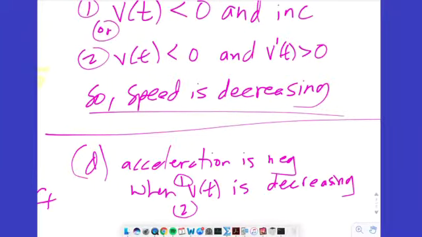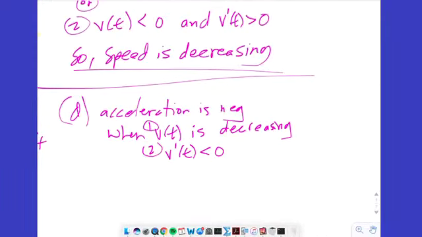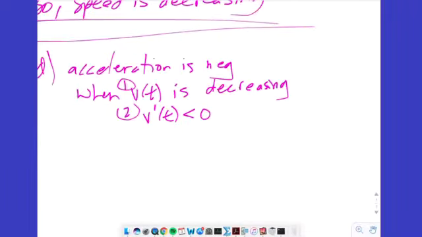You can do it like that, or when v prime of t is less than 0. Either one of those work. Now, we talked about this back when we did particle motion previously. We're kind of justifying it before we answer it, which is fine, because now we're giving ourselves something definitive to look for. Acceleration is negative when either one of those two things happens.